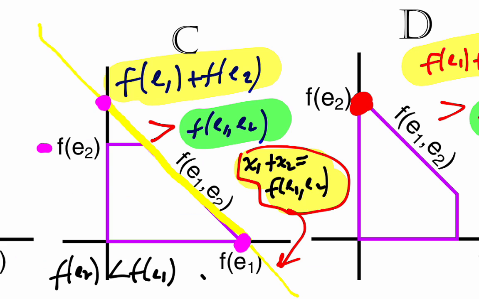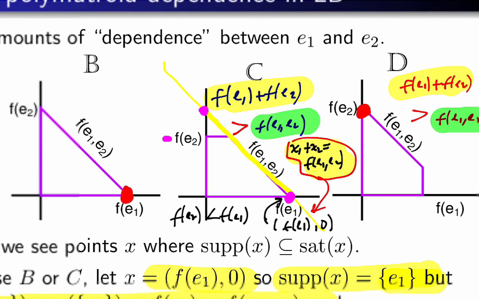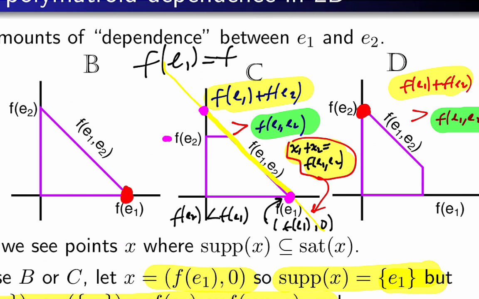So this point's coordinate is f of E1, comma 0. But that implies, I'll write it up here now, that f of E1 is equal to f of E1, E2.